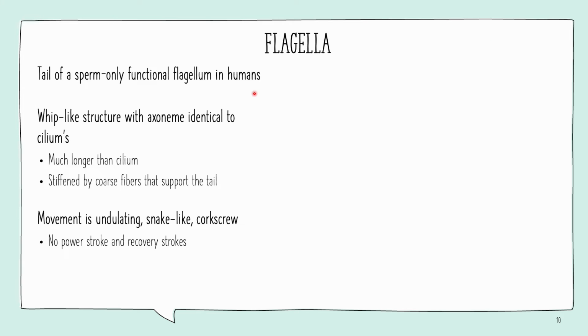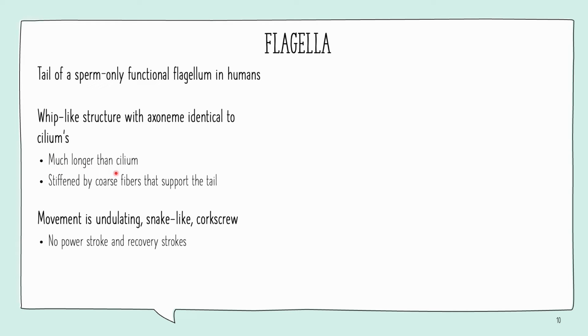Flagella. The tail of a sperm is the only functional flagellum in humans. When those little sperm are swimming, that little tail at the end is called a flagellum. They're whip-like structures with an axoneme identical to a cilium.